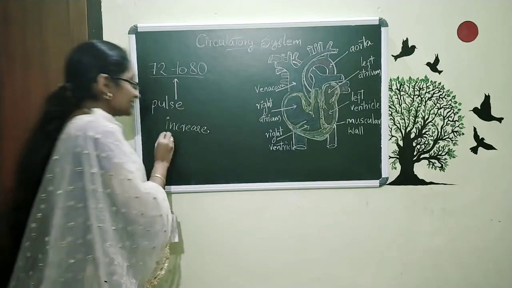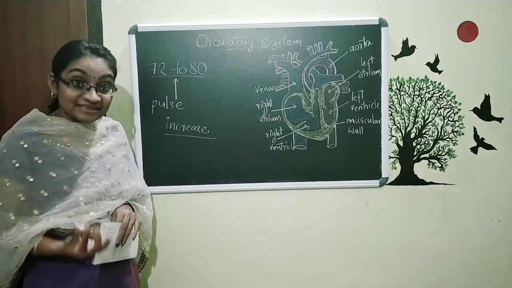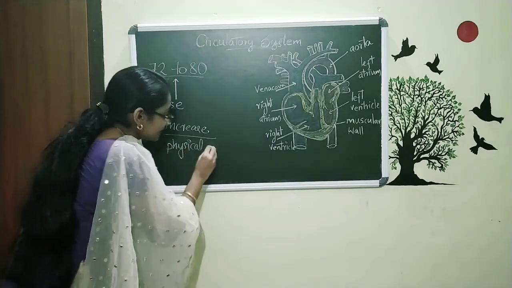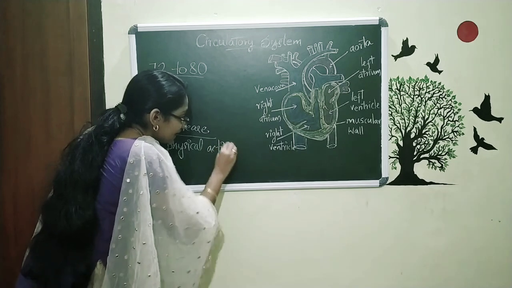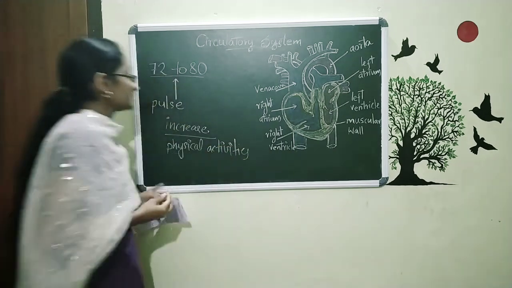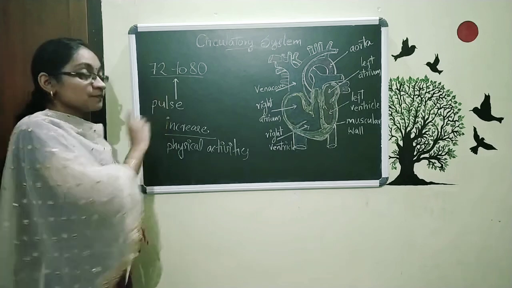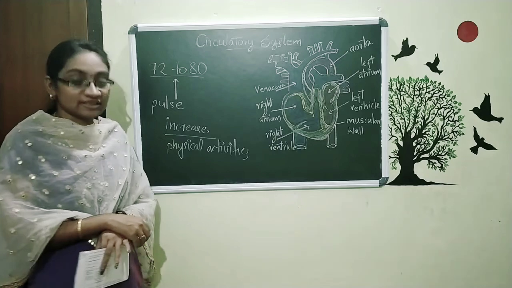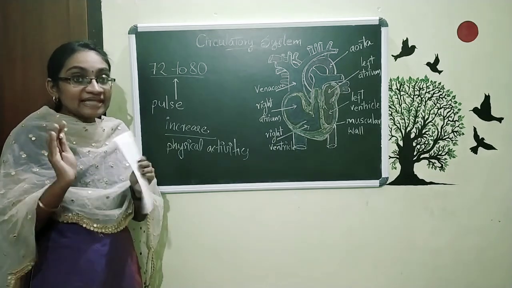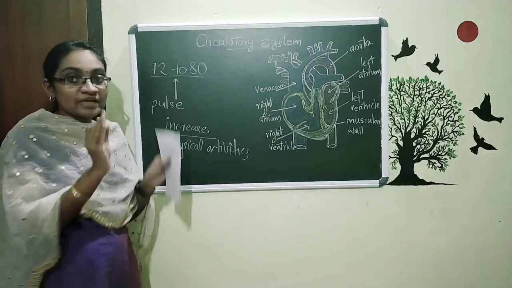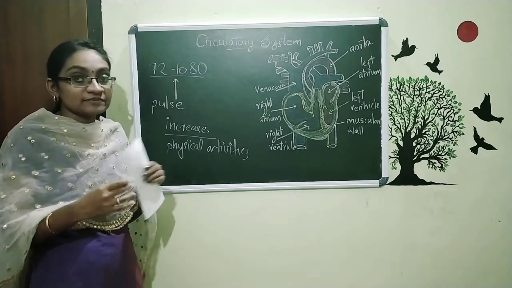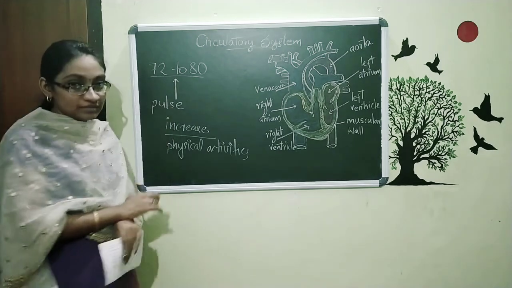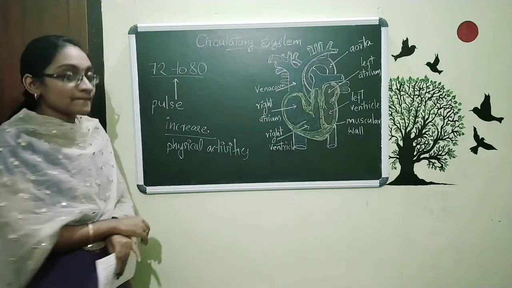That means by physical activity, the rate of pulse will increase. And the age will also affect the rate of pulse. For a newborn baby, the rate of heartbeat will be higher, and with age, the pulse will decrease. So this is all about the pulse.